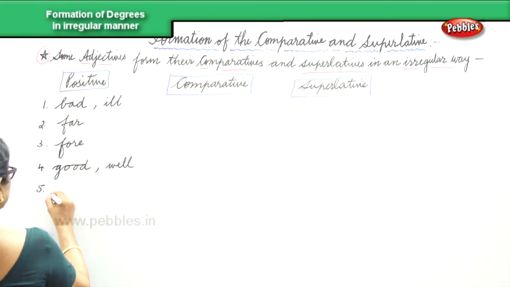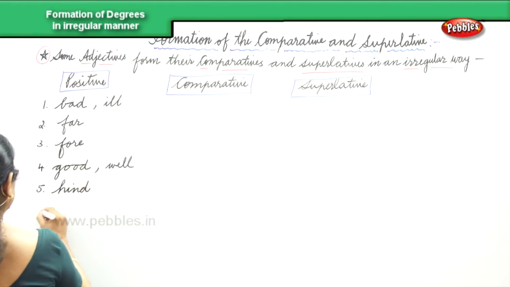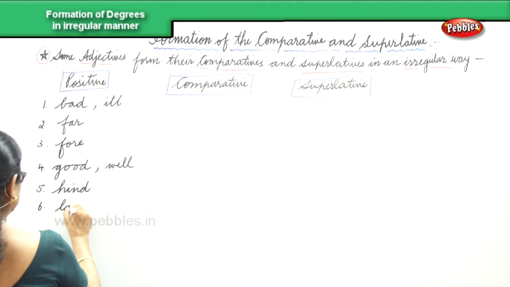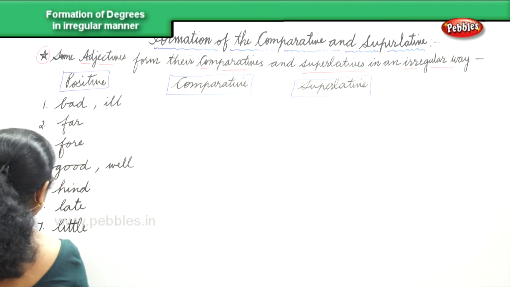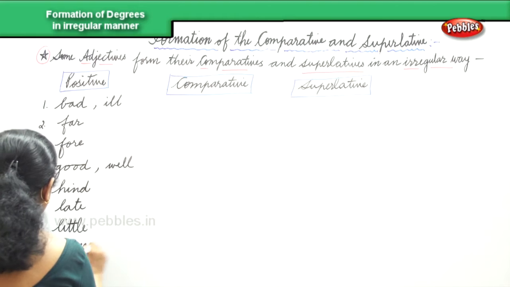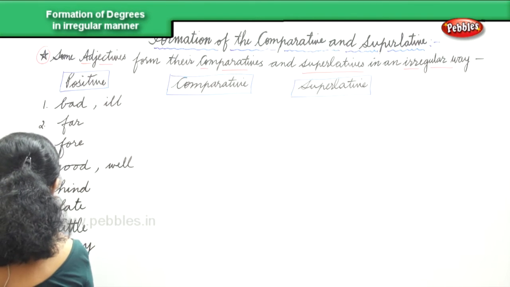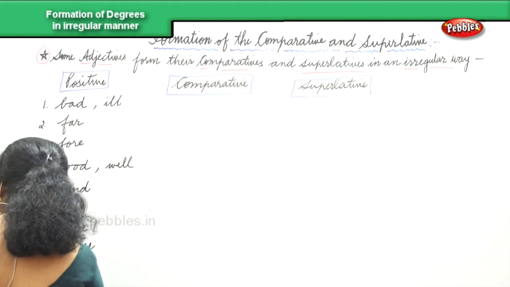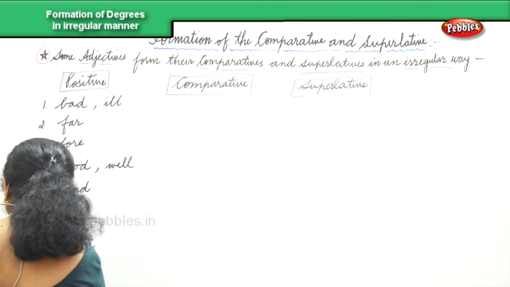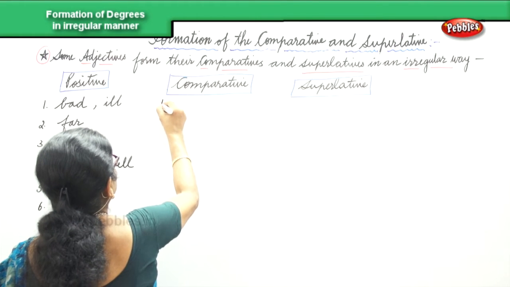Next one, hind, late, little, many, much, and nigh, that is near, old. Okay, we have 11 words here, and let's see how each of these are formed.